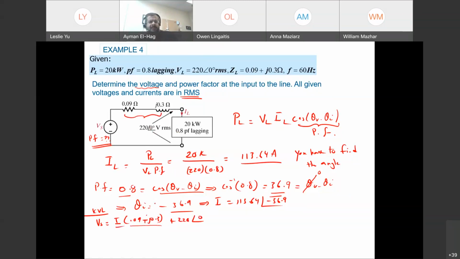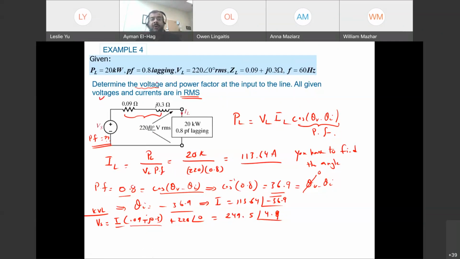Now it becomes a simple circuit question, and without doing all the calculations, this becomes equal to 249.5 angle of 4.8 or 4.9. So this is your voltage, which is what we want to calculate.